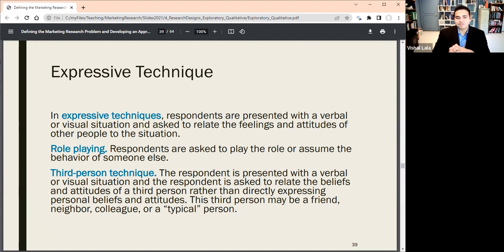To give an example, if one wants to know how a certain respondent feels about returning clothes that they have used, we make up a persona. We tell the respondent that Mrs. Jane is a mom of two.